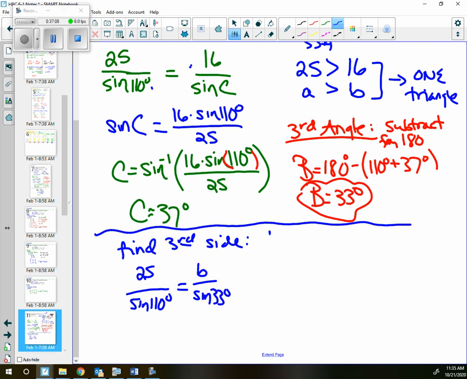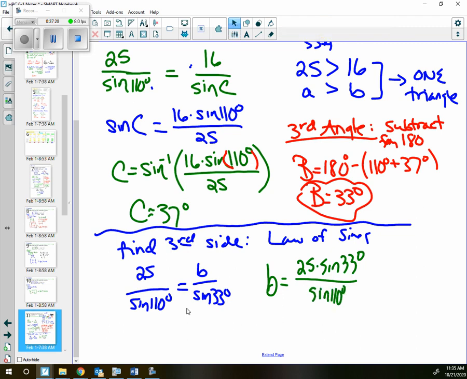So we're always using law of sines twice and subtracting from 180. It's kind of the same work every time. So cross multiply and divide. So little b would be 25 times the sine of 33 degrees divided by the sine of 110 degrees. Again, don't forget to finish off those parentheses.